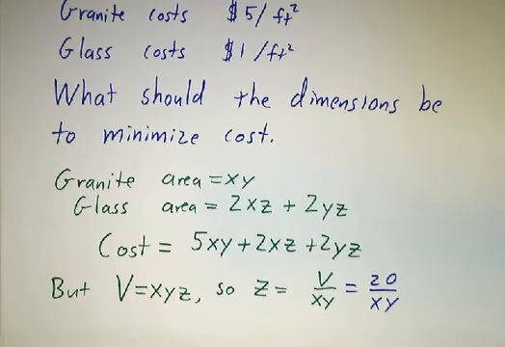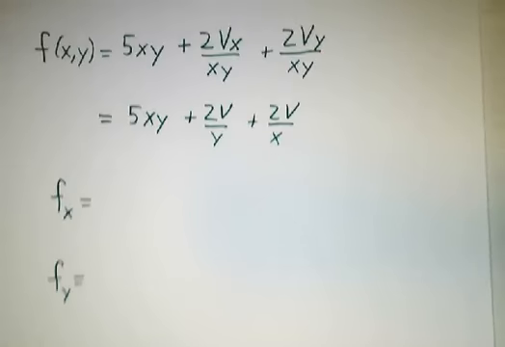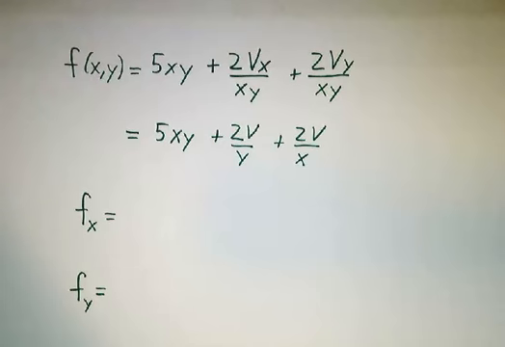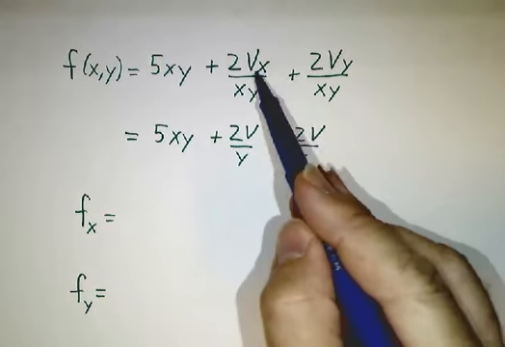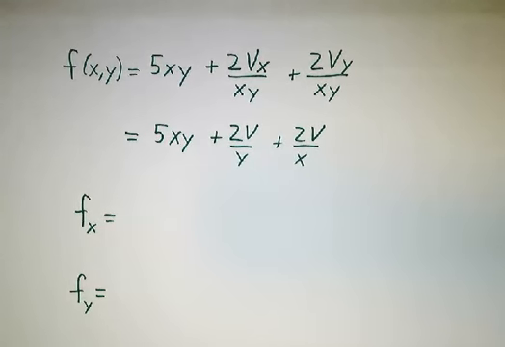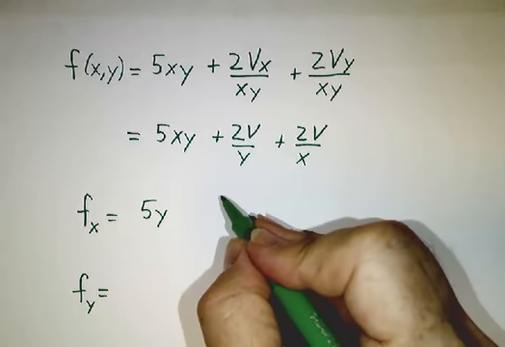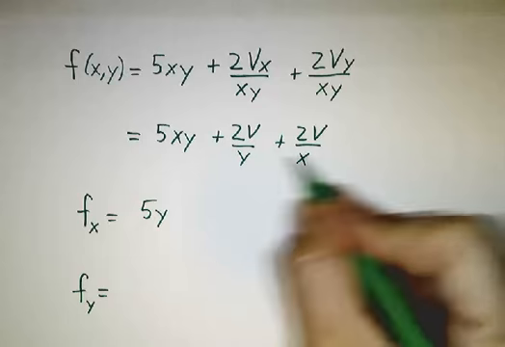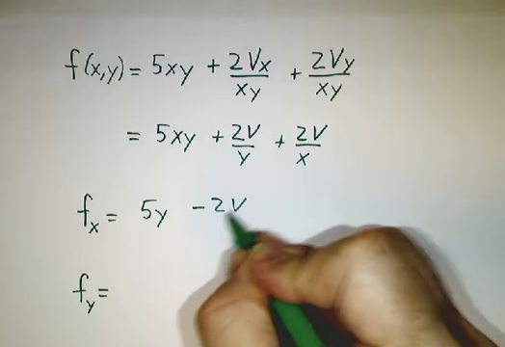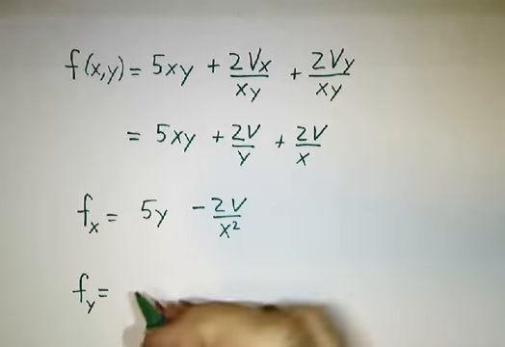So, if we take this value of z and plug it back into our cost function, we get a function of x and y. Okay, and then we can take partial derivatives. The derivative with respect to x is 5y, derivative of this is 0, minus 2v over x squared.